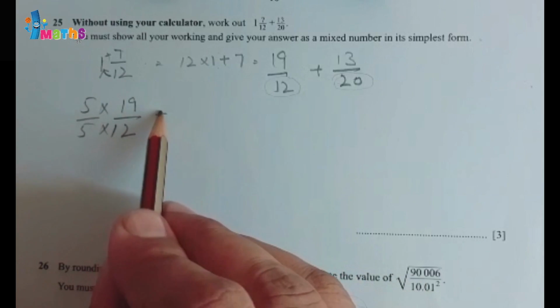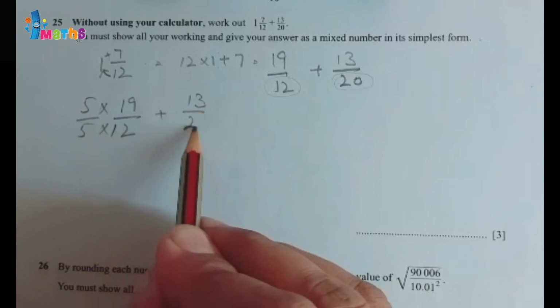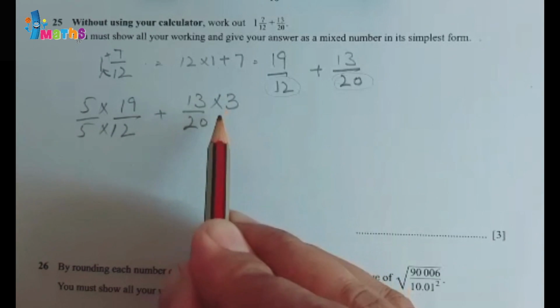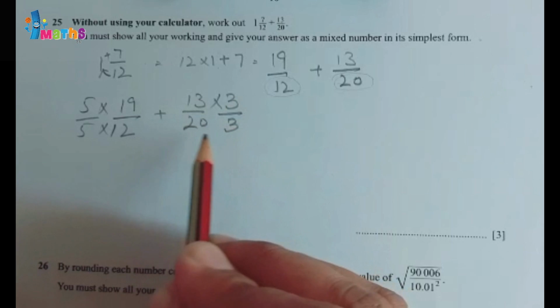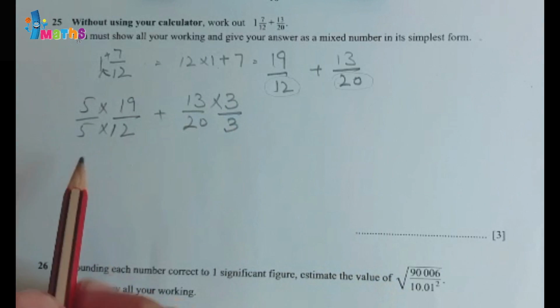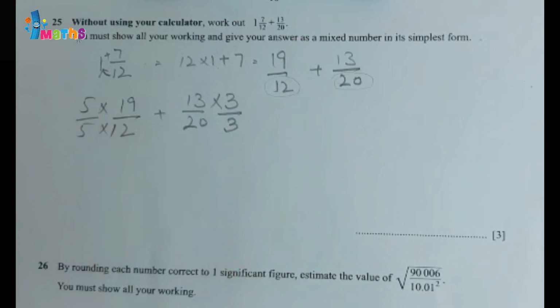and 13 by 20 we can multiply by 3 to get 60 as denominator. So this will be 19 multiplied by 5 will be 95.